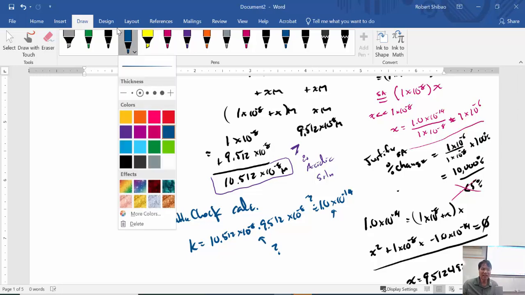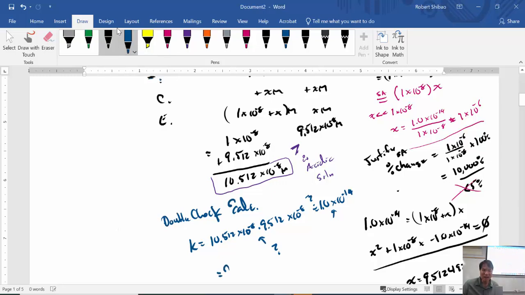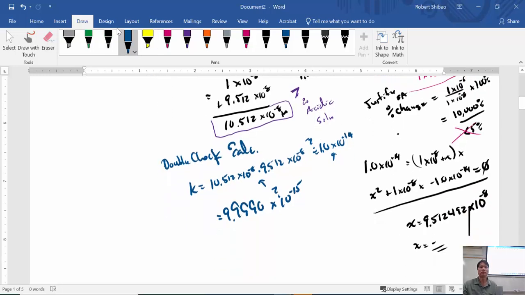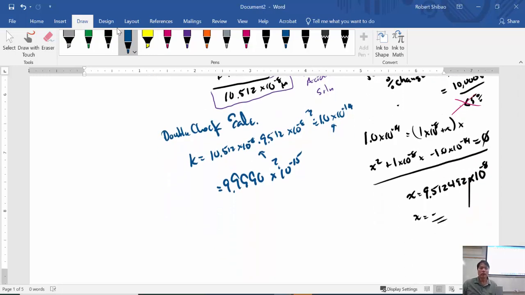I get equals 9.9990 times 10 to the negative 15. Which is going to equal 0.99990 times 10 to the minus 14.